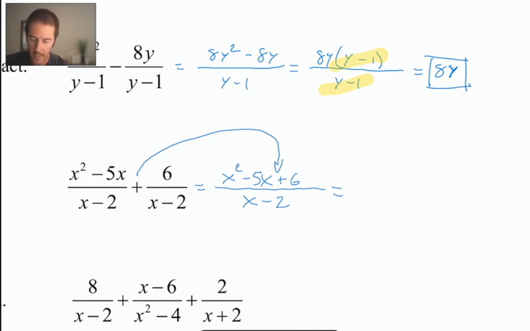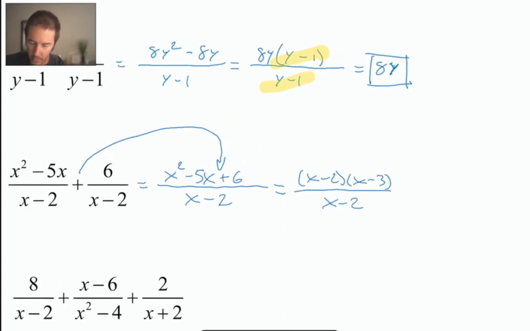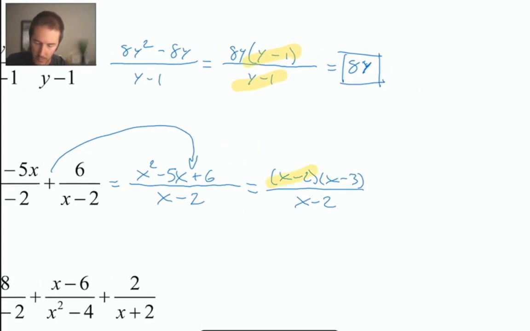I think we're looking at a factored form of x minus 2 times x minus 3. Negative 2 times negative 3 makes positive 6, and negative 2 plus negative 3 makes negative 5. So we have factored correctly, all divided by the common denominator of x minus 2. Cancel out the x minus 2's, and you've got yourself a final answer of x minus 3.